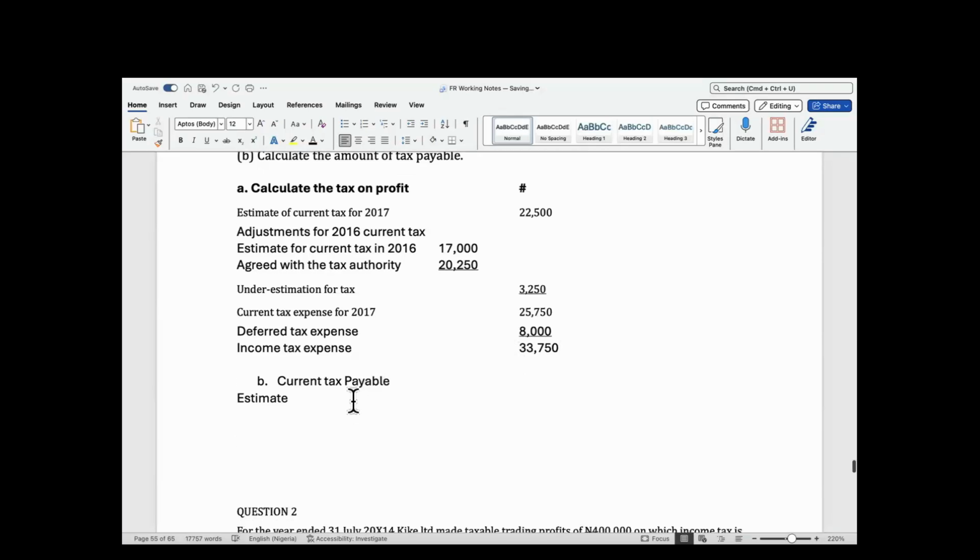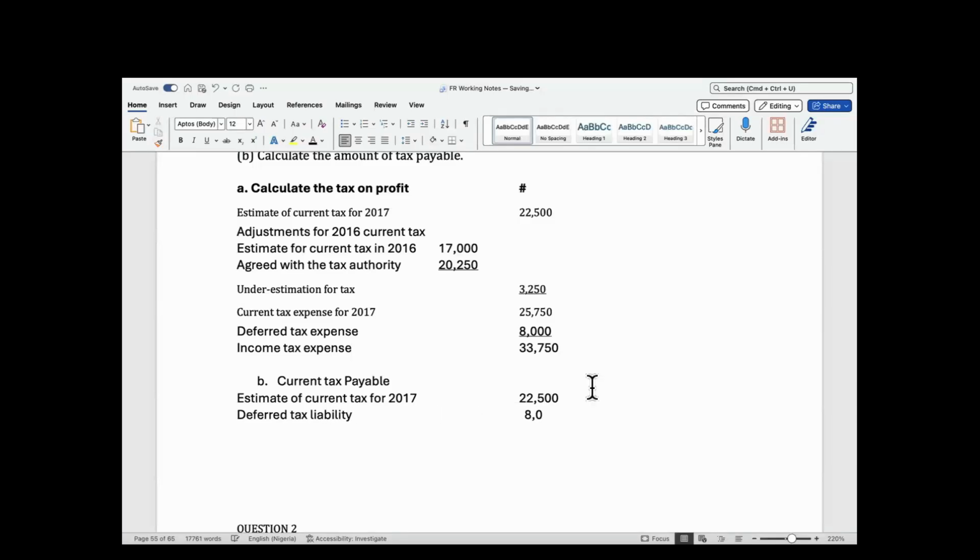Which is 33,750. So what goes to my current tax payable? I'll have my estimate of current tax, which is my 22,500 for 2017, and also my deferred tax liability, which is 8,000.